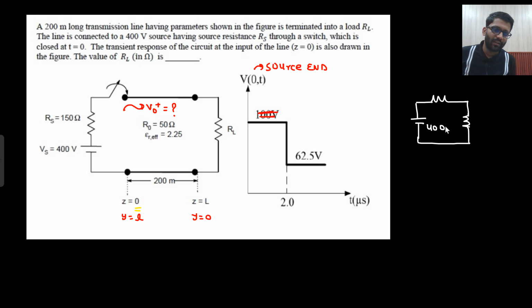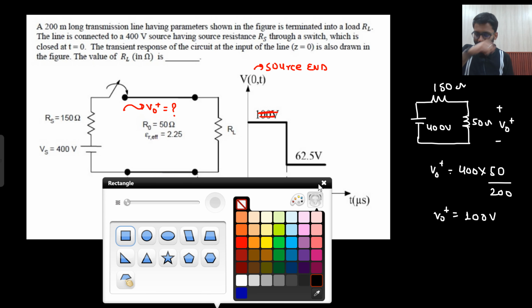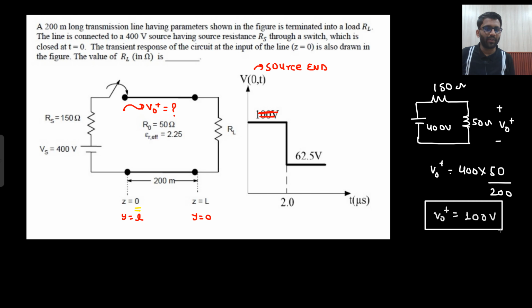So now V naught plus is 400 into 50 divided by 150 plus 50, that is 200. If you solve it, you get 100 volt only. So they are nice, they have given 100 volt already. But even if they did not give it, you could have told me that it would be 100 volt only. Okay.